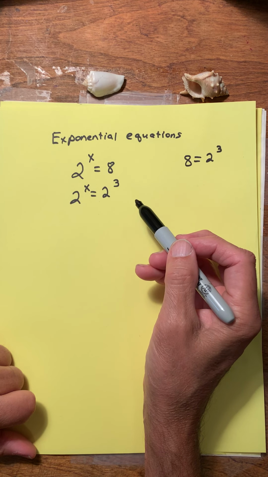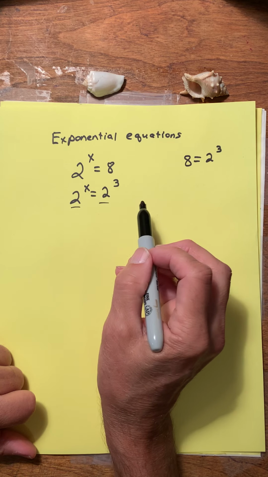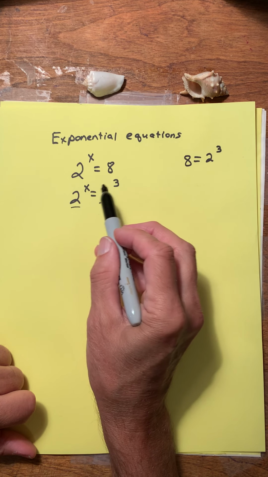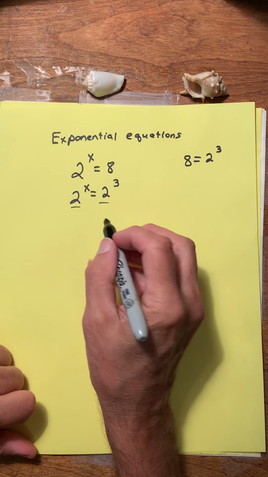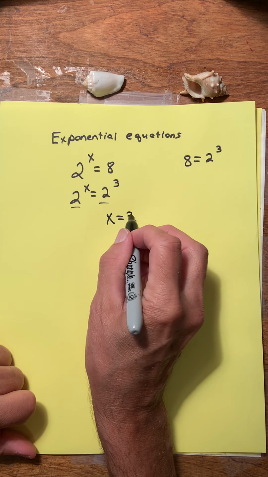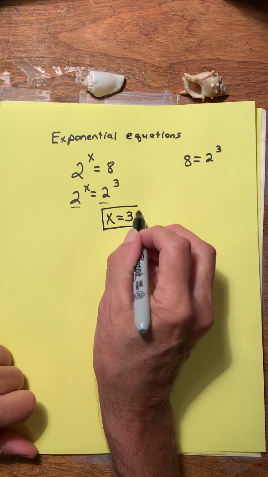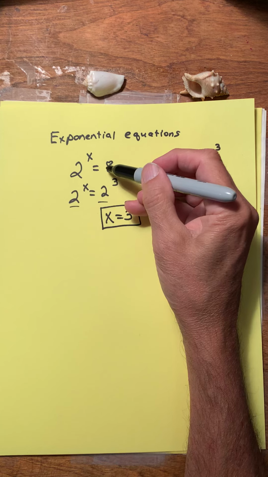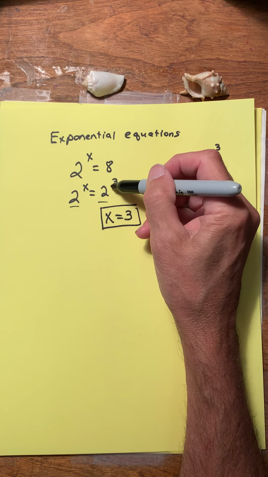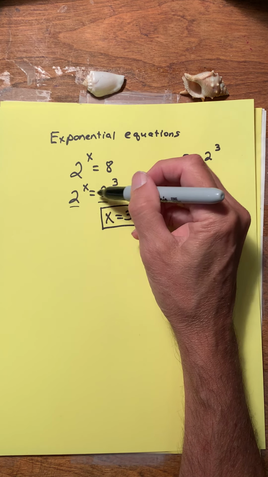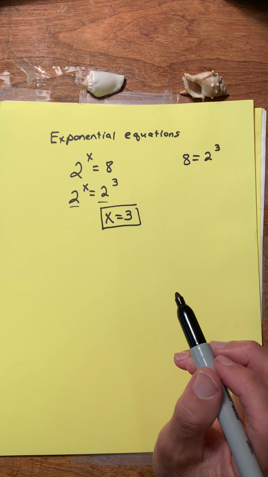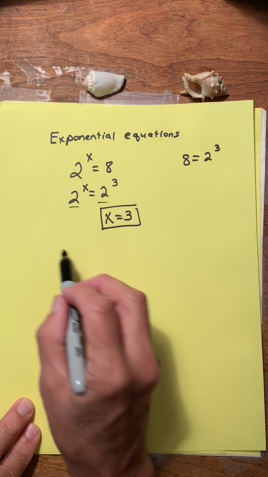Then the observation we made was, hey look, the bases are the same. That means the exponents must be equivalent. So we solved the equation by substituting for 8, 2 to some power, so that there'd be the same base on both sides.